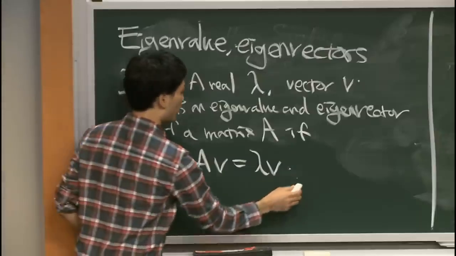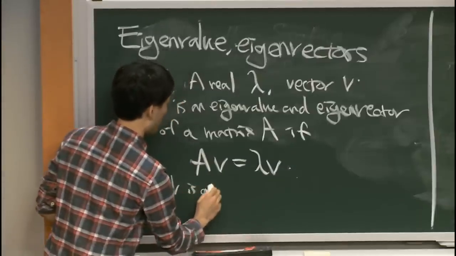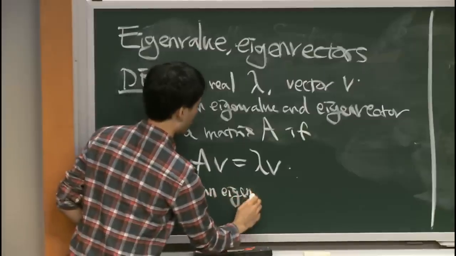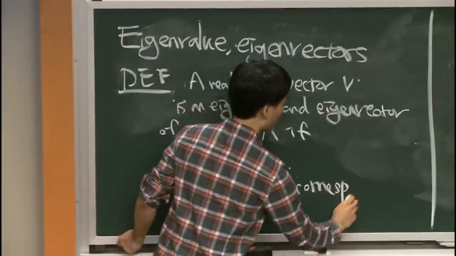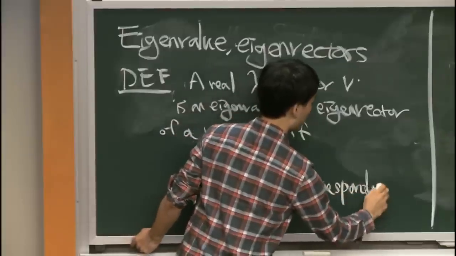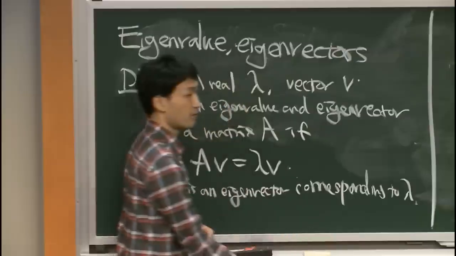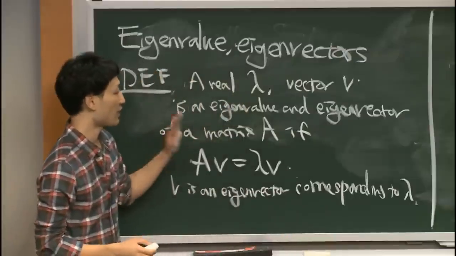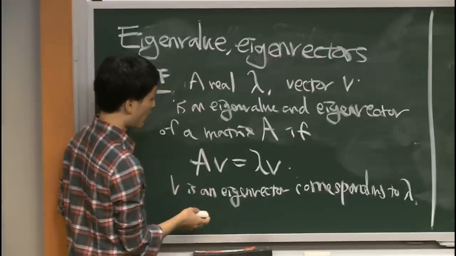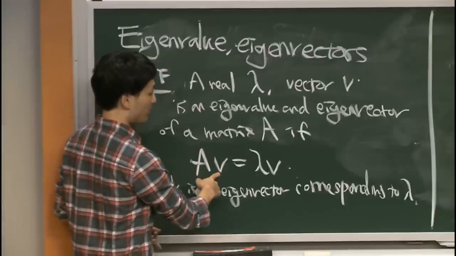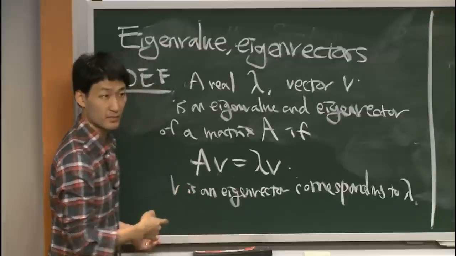We also say that v is an eigenvector corresponding to lambda. So remember, eigenvalues and eigenvectors always come in pairs, and they are defined by the property that A times v is equal to lambda times v.